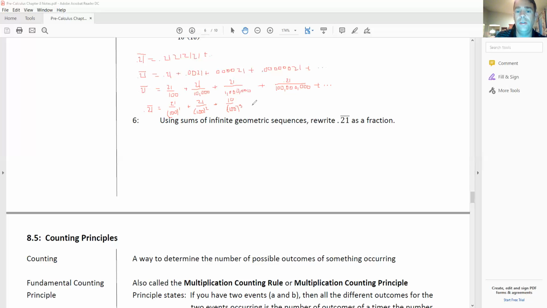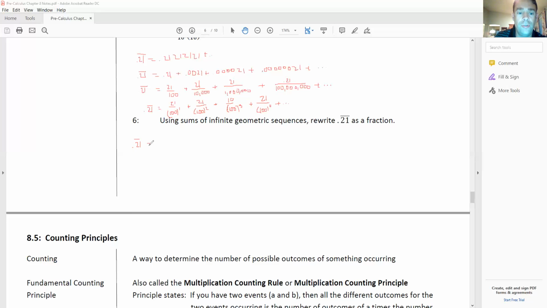And I see 21 over 100 to the fourth. So friends, I believe I can write this as an infinite geometric series, or as a summation.